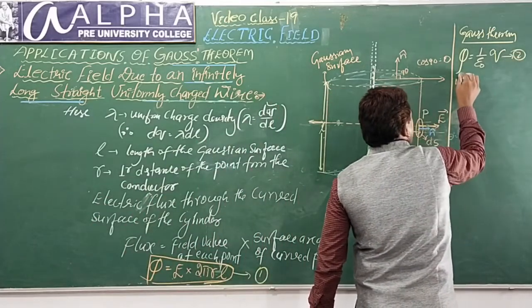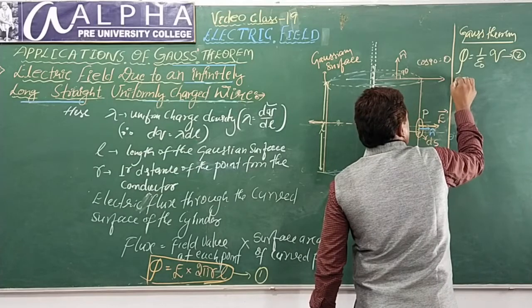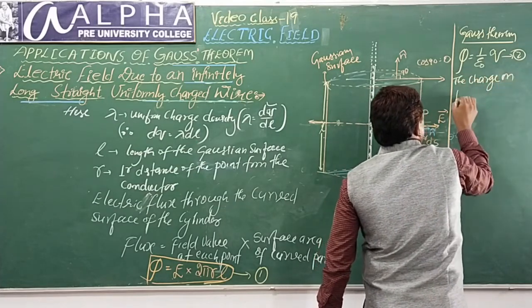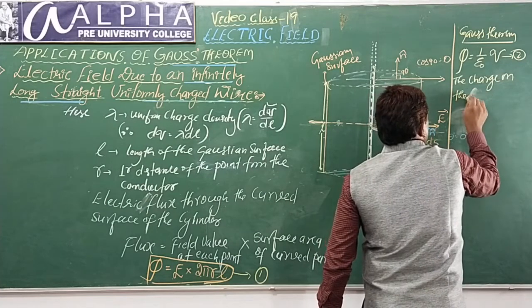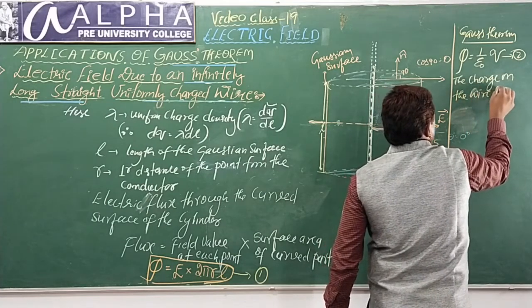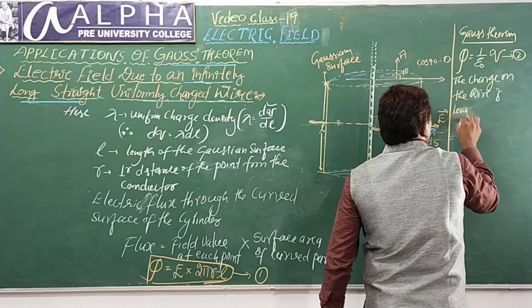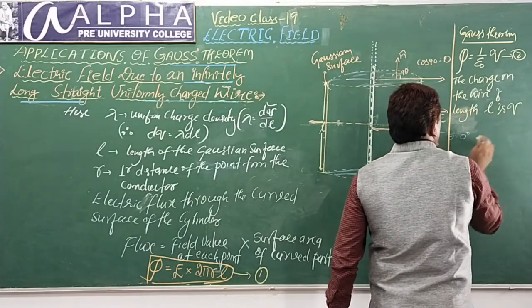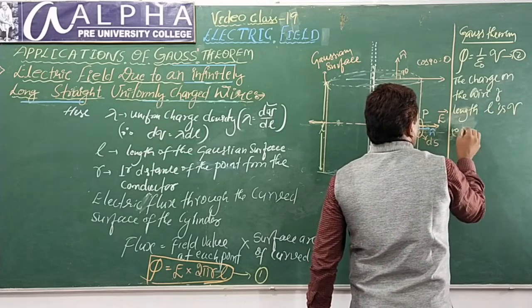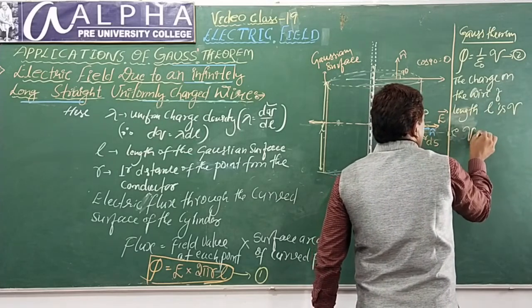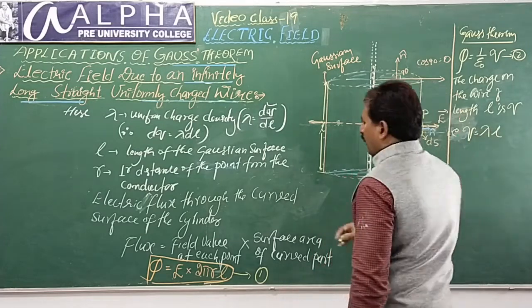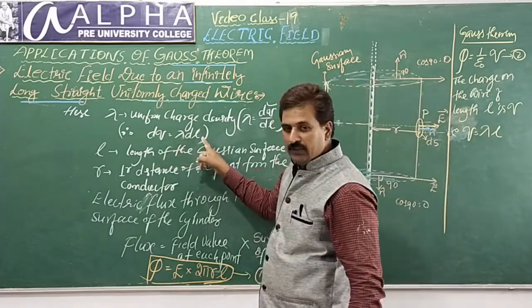And now the charge on the wire of length L is Q, that is Q equals charge density times length.